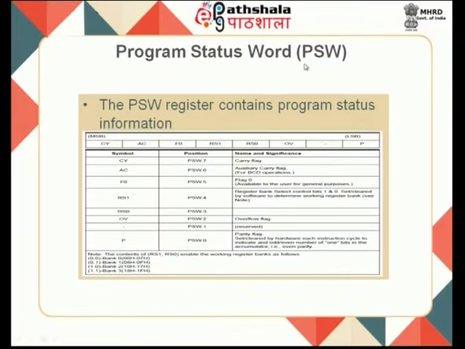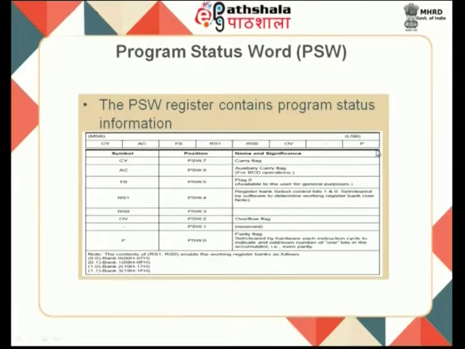The program status register is a very special purpose register, as the name itself tells you: PSW is the program status word. That means this status word is stored in the PSR, which is 8-bit wide. It holds information about the state in which the system is executing a currently running program.